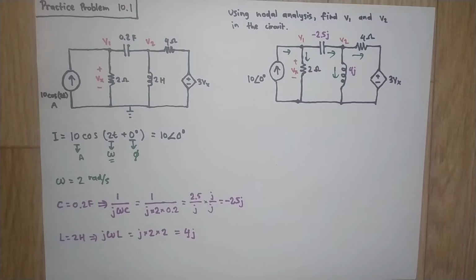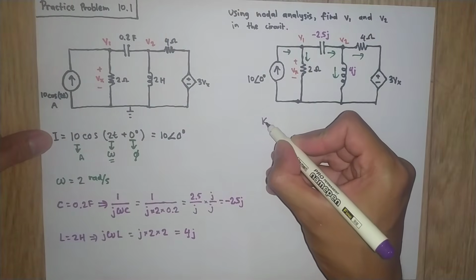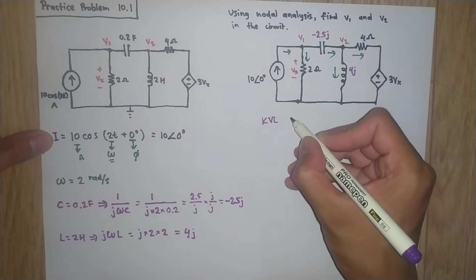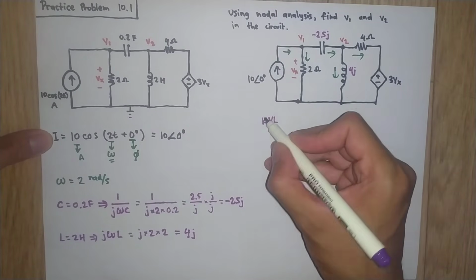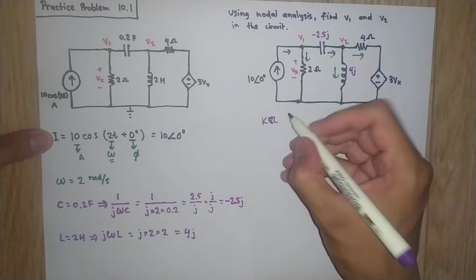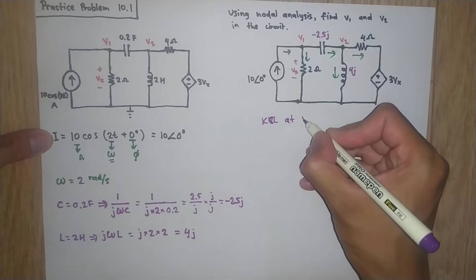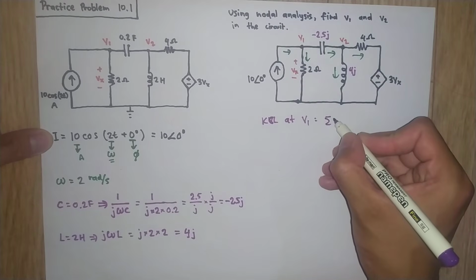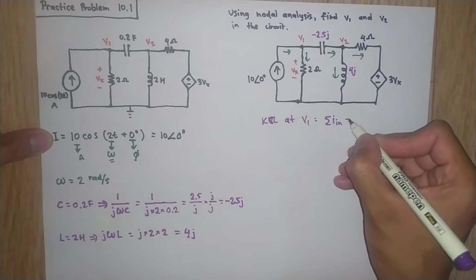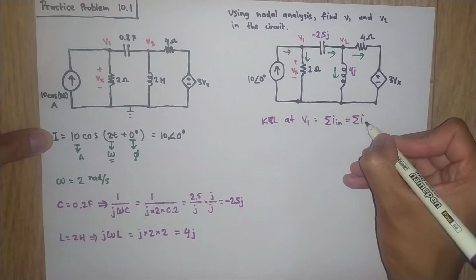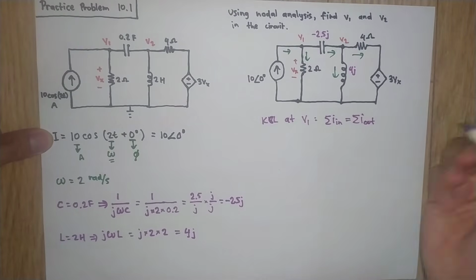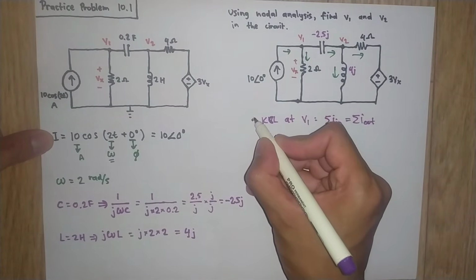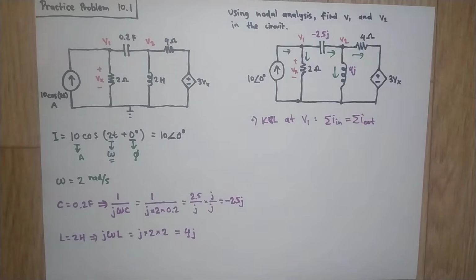Now let's do KVL at V1. Sorry, we need to do KCL, not KVL, at V1. KCL says that the sum of the currents going in is equal to the sum of the currents going out.